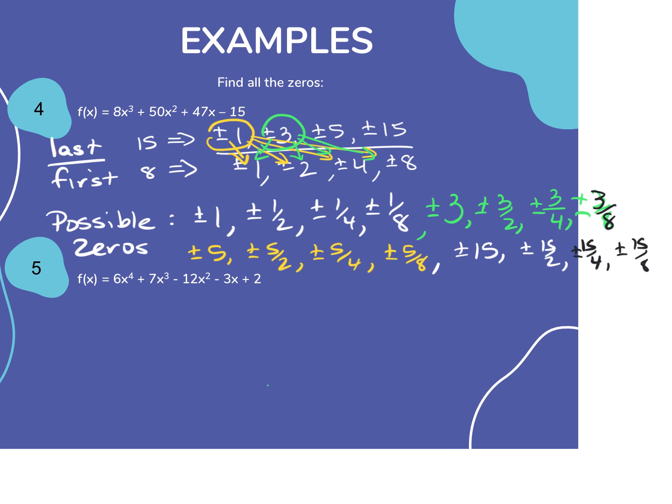In this list, there are 32 possible zeros. Notice my polynomial is raised to the third power. It's 8x to the third. Out of this list of 32 possible zeros, potentially only 3 are going to work.